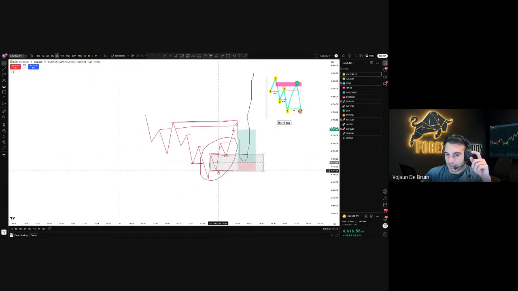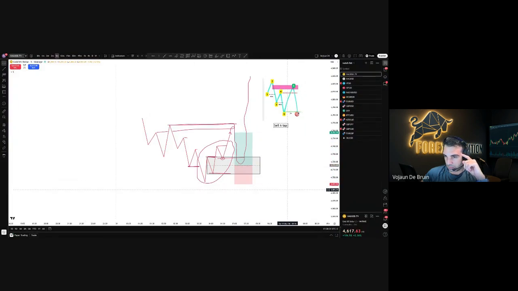In a situation like this where these two levels are so close to each other, remember what I said? More than 50%. So where is 50% of that zone? We are deeper than 50%. Remember what I said? What is the chance that this low can get taken? More than 50%. That means we reduce our risk, increase our stop loss.